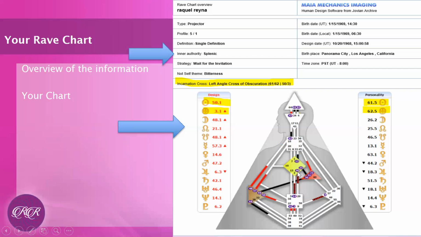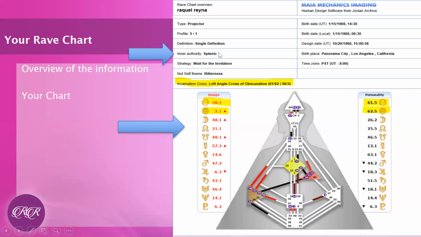So all of my wiring communicates to each other and it creates a single definition. For those people who may have definition here, but they're not connected, so there's no wiring or channel, as we call it, that connects, you're going to have a split. And that's where you would find this right here, split definition.